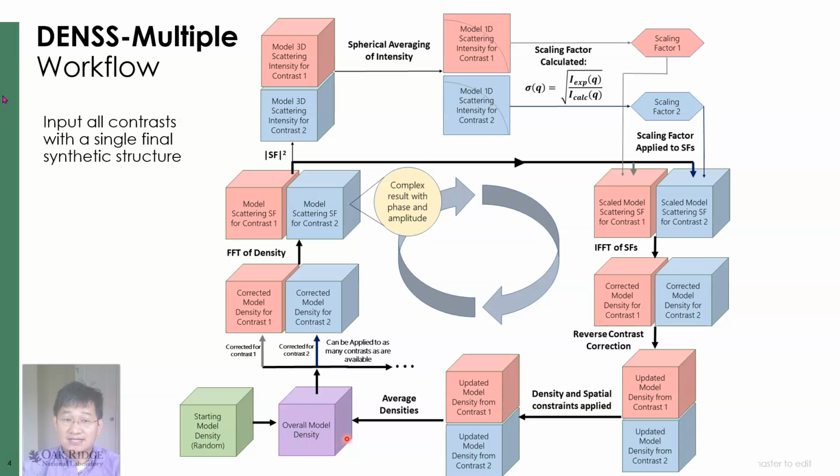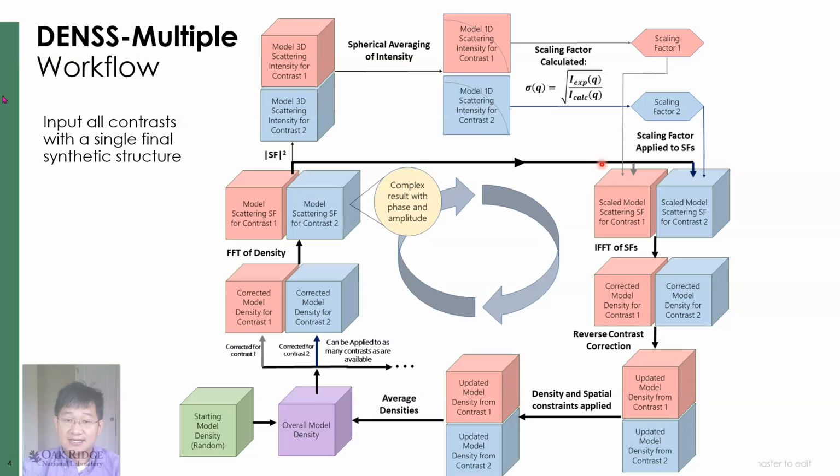With the starting model density, different background scattering densities are used to generate different initial densities for different contrasts. Then the different densities are converted to structure factors by fast Fourier transform, FFT, and then to the scattering intensities that can be scaled to the experimental data.